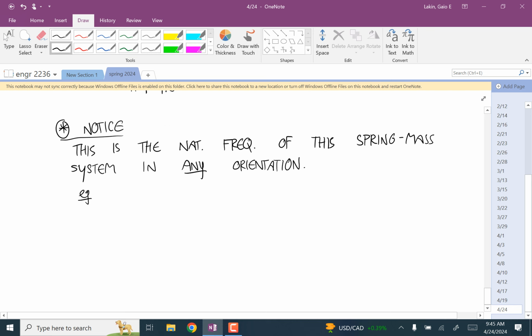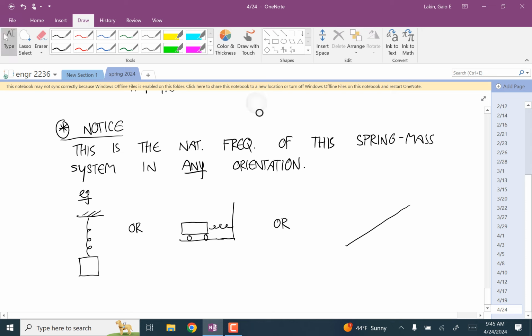So if you set it up like this and let it oscillate, or this, or something in between, you can calculate the period and natural frequency of those exactly the same way. It's exactly the same. Okay?